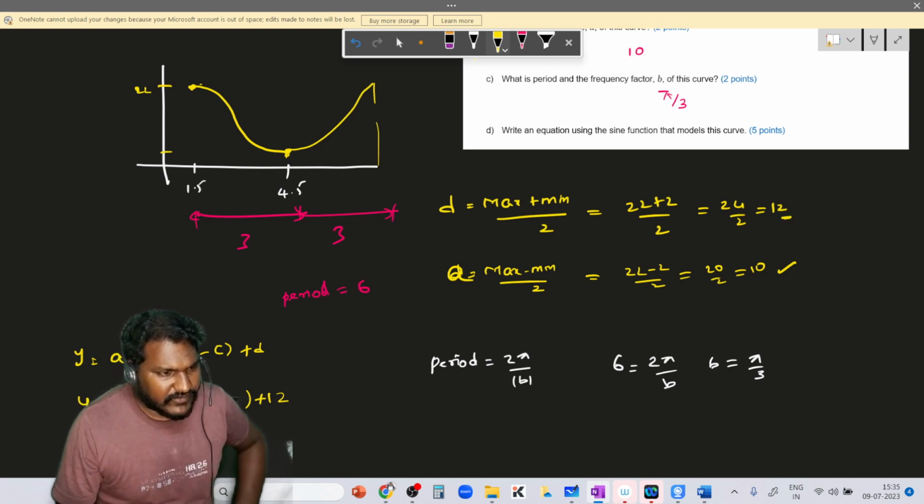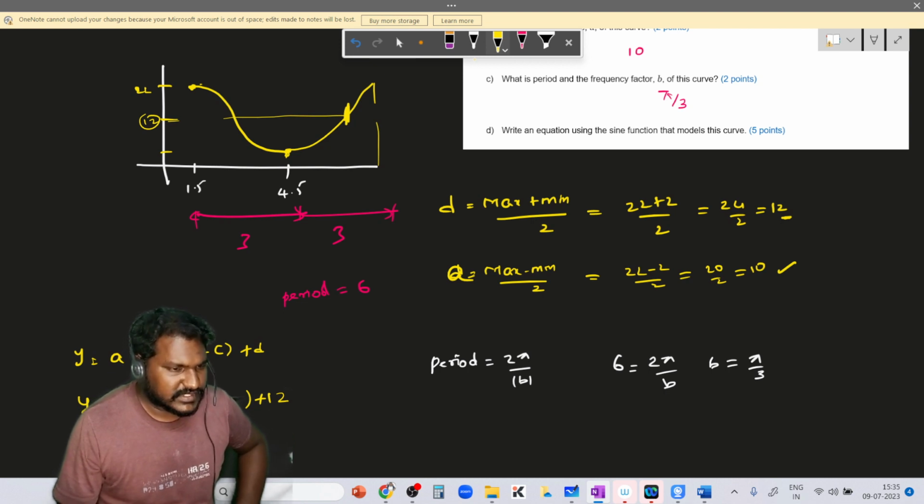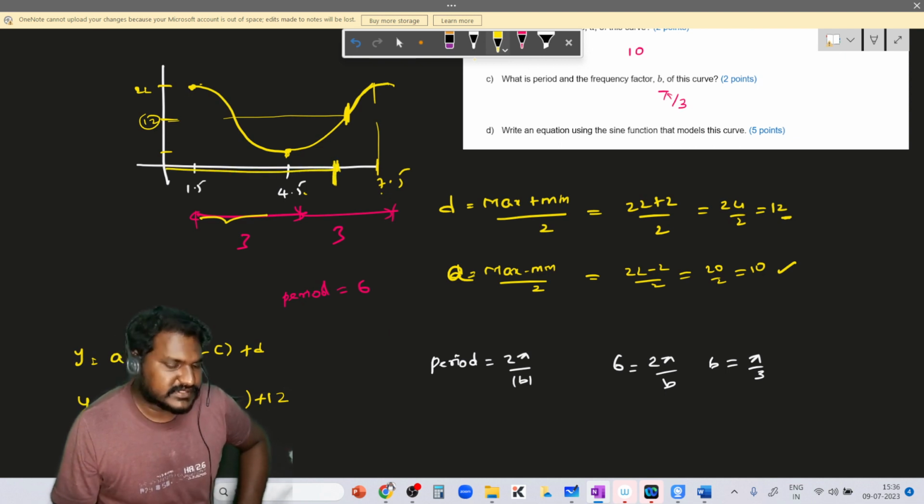So at y is equal to 12, it will be somewhere here. So this is where the sine graph will start. If this length is 3 and this length will also be 3, this will be 7.5, and half of that, the mid value between 4.5 and 7.5, is the point where the sine graph starts.